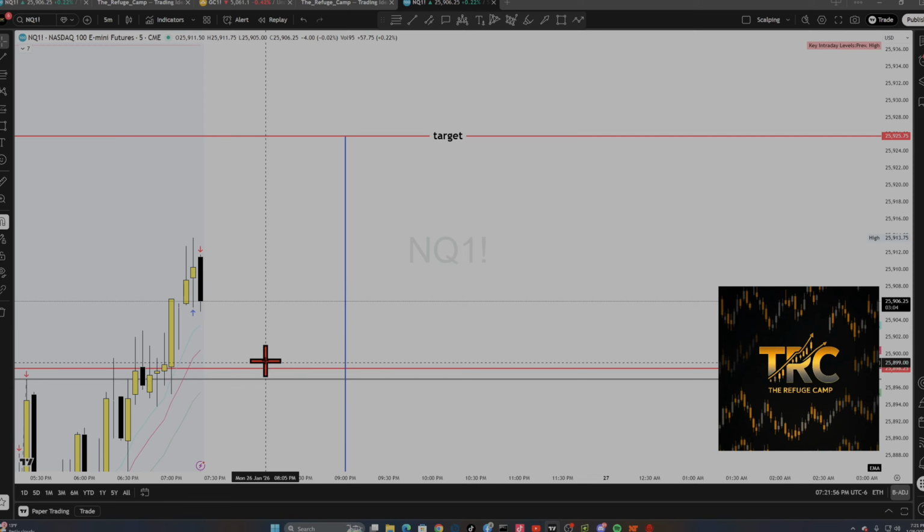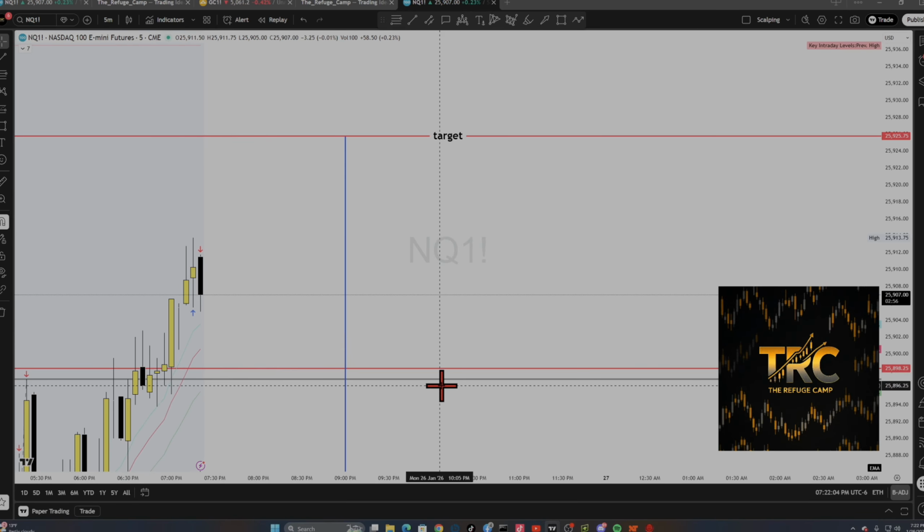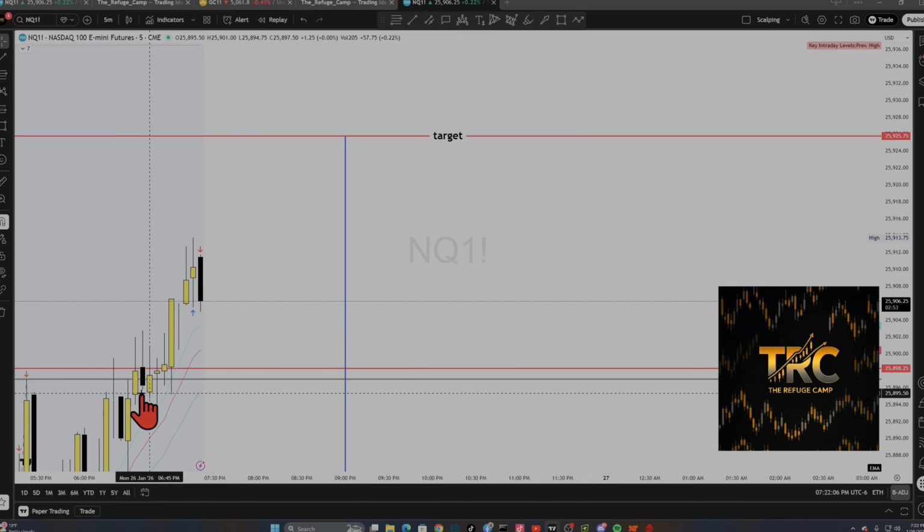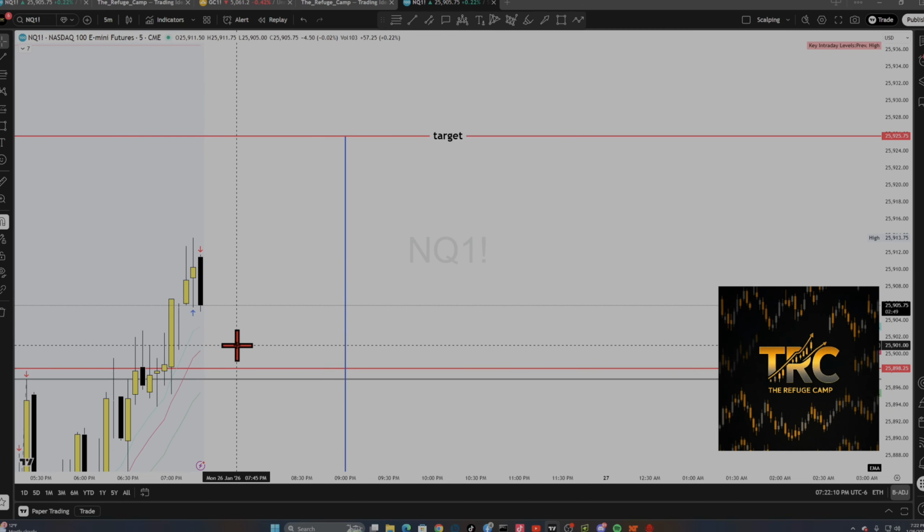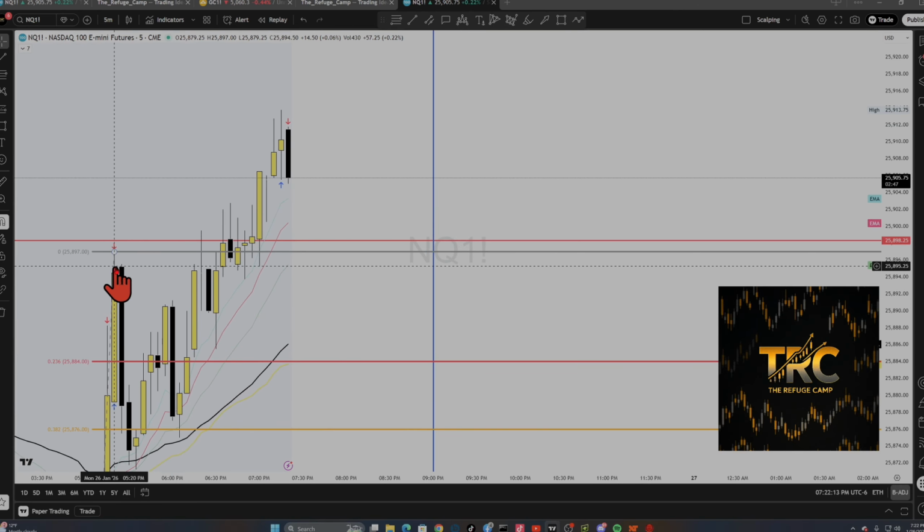Now I'm looking at potentially short side bias trades. But right here, we're already close to a level that is a pivot point. I do not want to grab and trade a pivot point. This is most likely going to be a stronger retest of your flag.